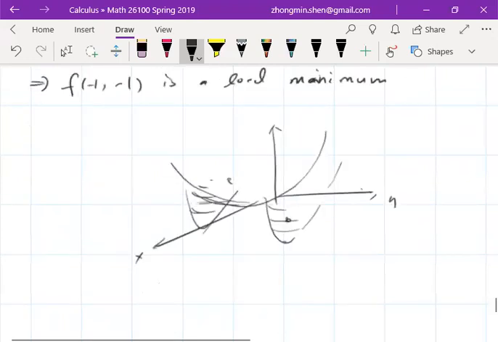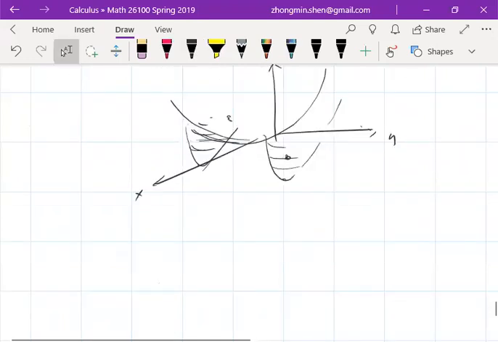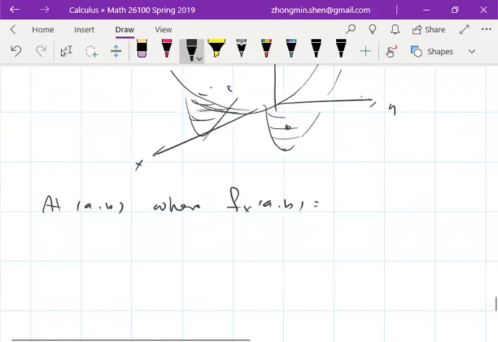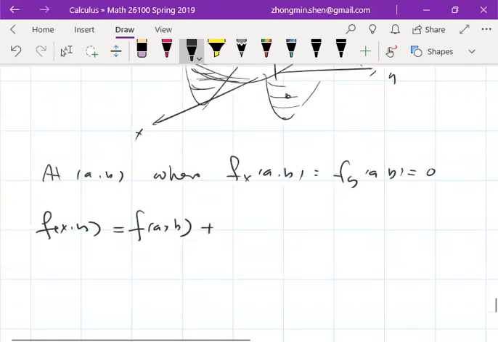Now, why does the sign of this matrix give you information about the local behavior of the function? Because at the point (a, b) where the partial derivative is 0, the function can be approximated by this matrix.